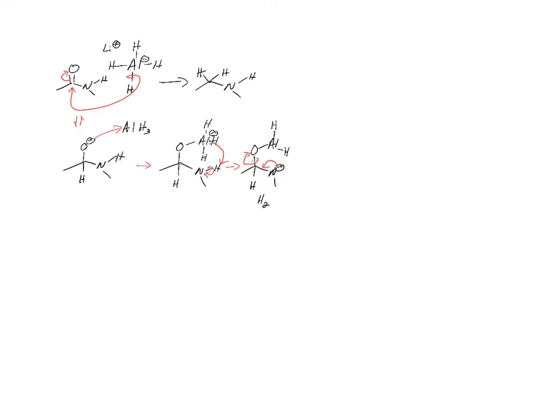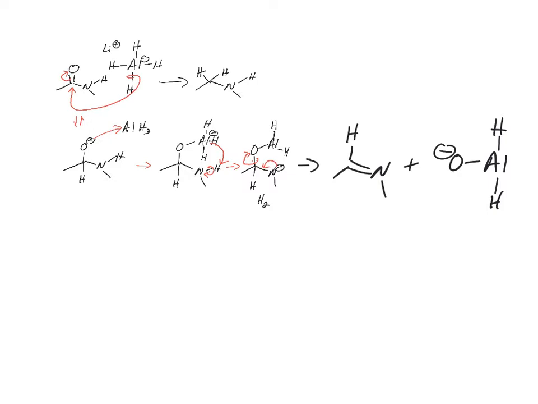So now what do we have? From that point, we have this imine, and we have this O minus aluminum species. You could use this, or you could use another lithium aluminum hydride if you want to.